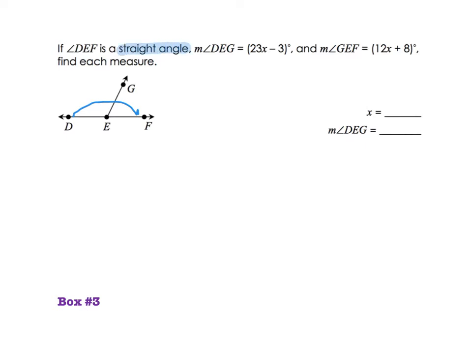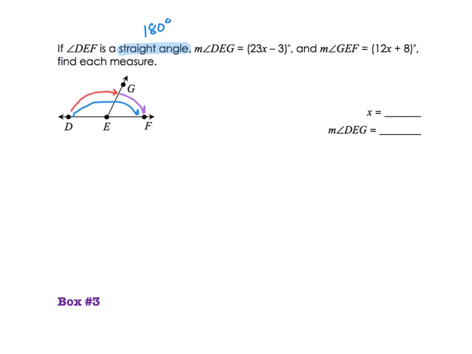If not, you can reference your notes, but it equals 180 degrees. Now it's telling you measurement of angle DEG, which is this one right here in red, equals 23x minus 3. And measurement of angle GEF right here equals 12x plus 8.